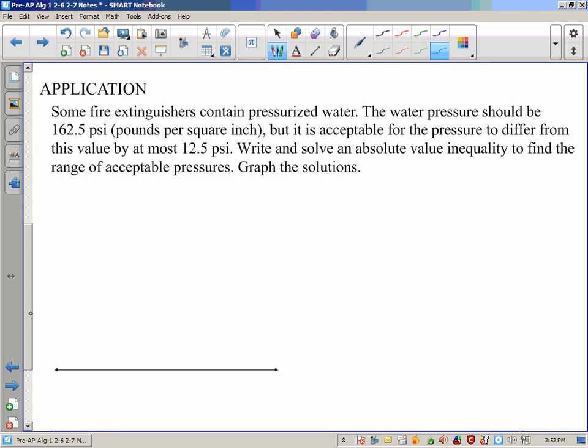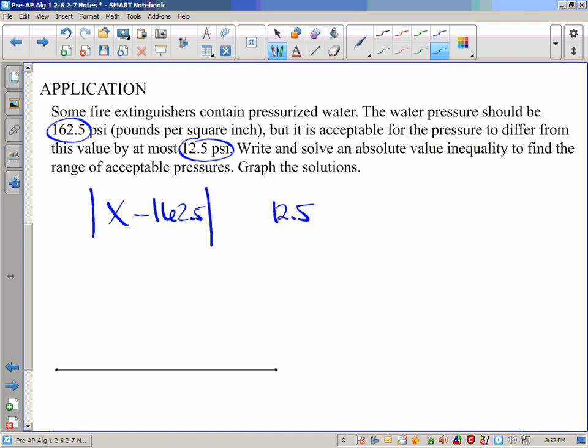So, when we've set up absolute value applications before, we have put x minus whatever our given value is, which in this case is 162.5. What goes on the other side is how much it can differ, and that's this value right here.